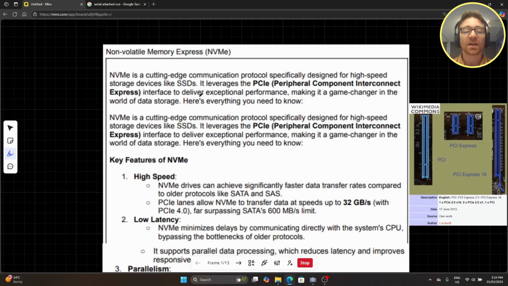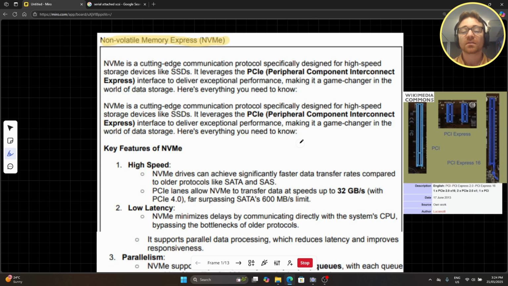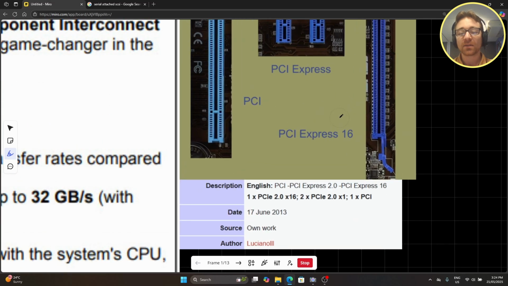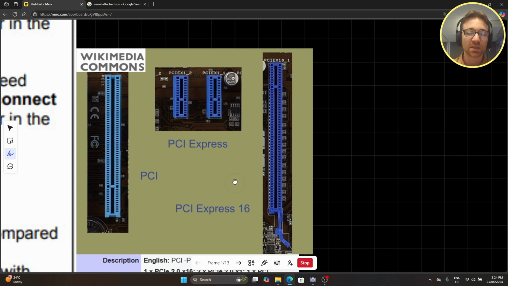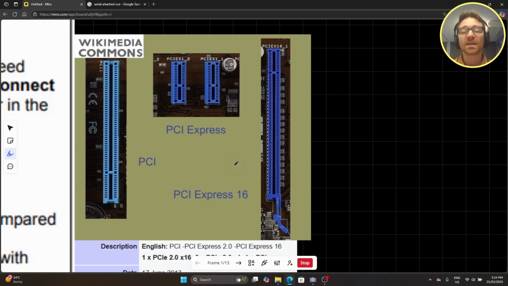So, NVMe, or non-volatile memory express. Before we get into the notes, we're going to have a look at the picture over here. We've had a look at these before. We should know these are PCIe slots. So we have a PCI slot over here, which is the older standard, and then we have the PCIe or PCI Express one over here.